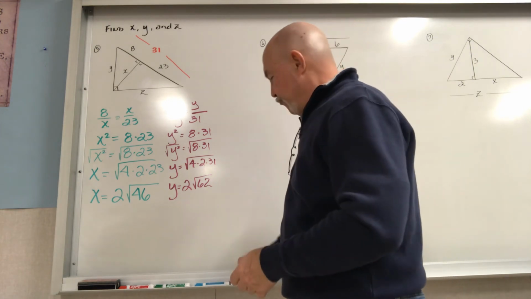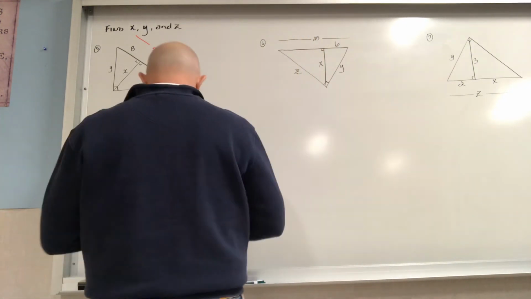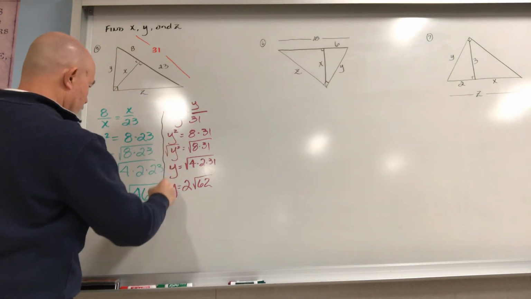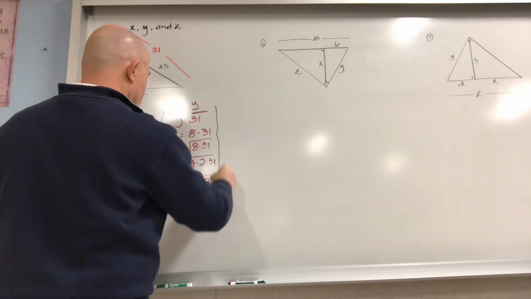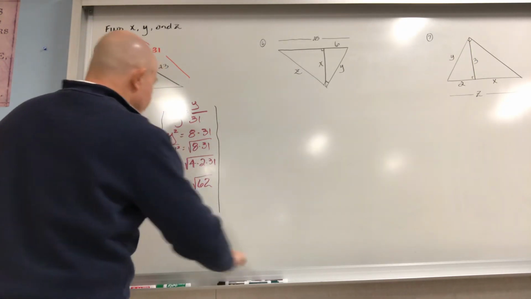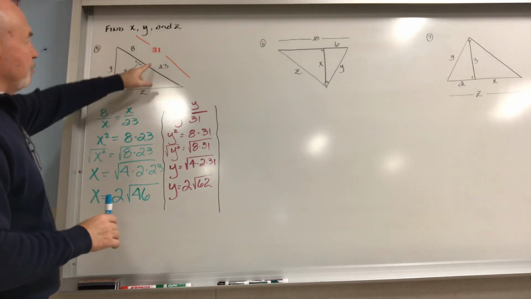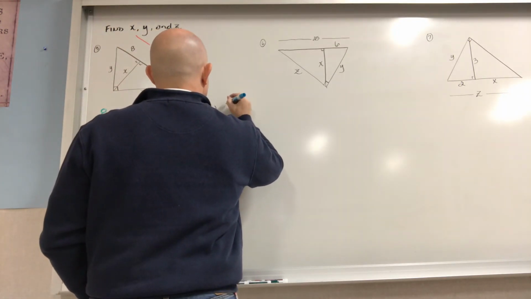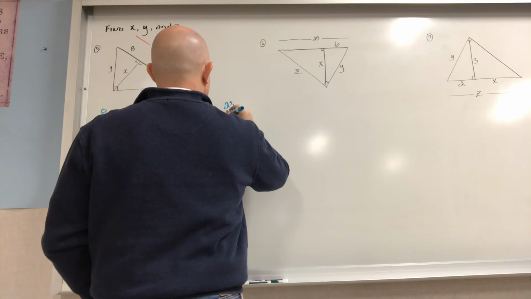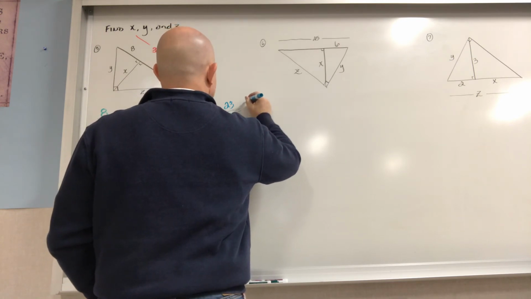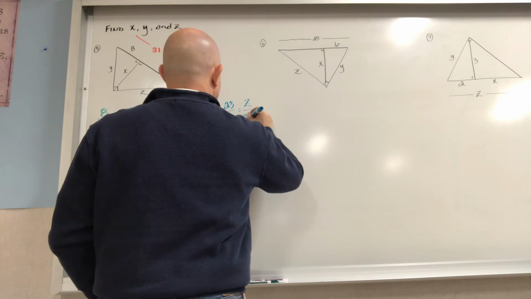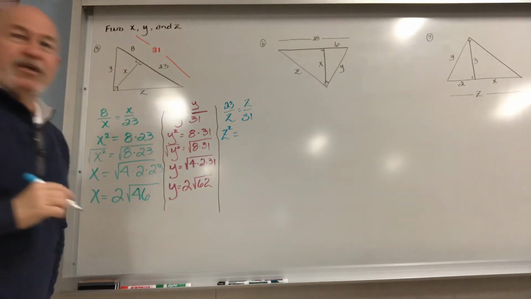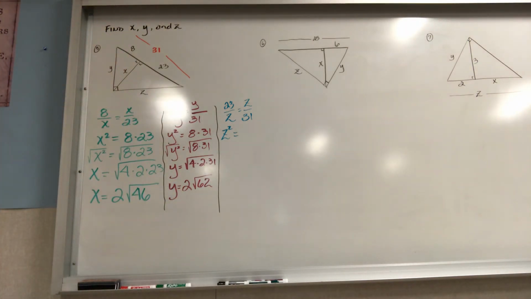Okay, and your final one, the z. And separate these for you. Okay. Z is the geometric mean between 23 and 31. Okay, now this is when you go for your calculator. Okay?